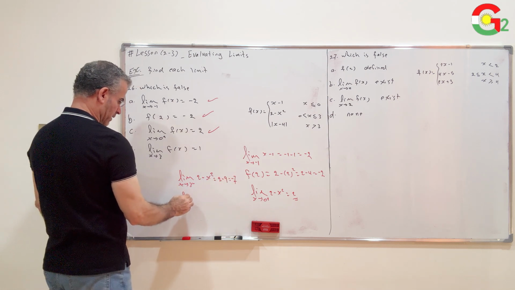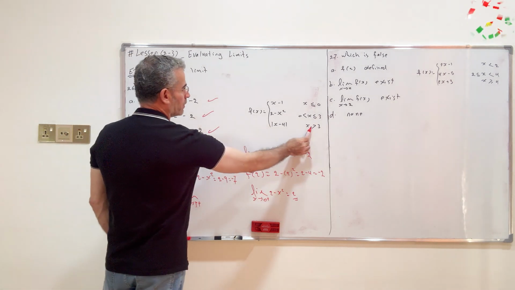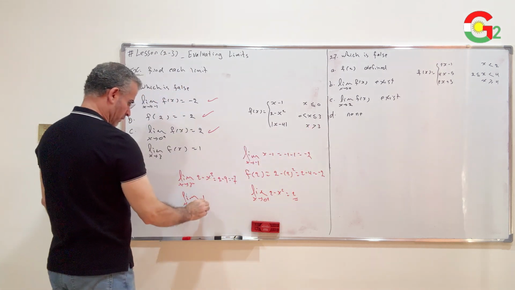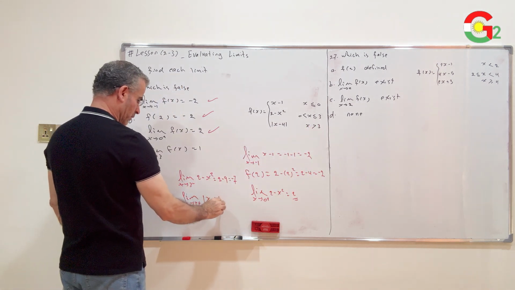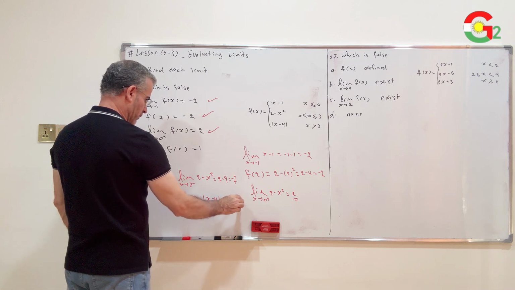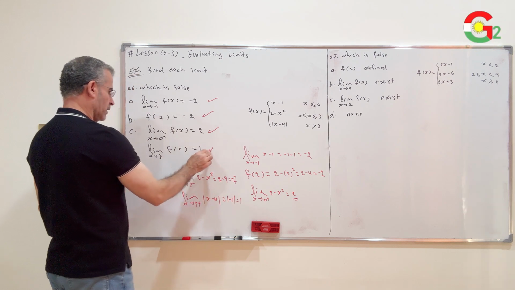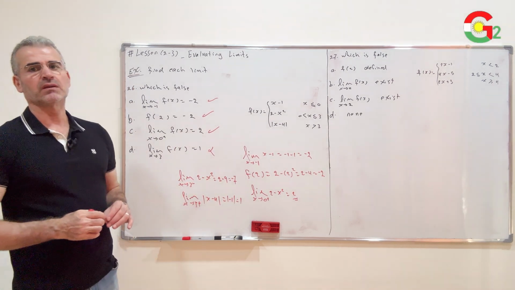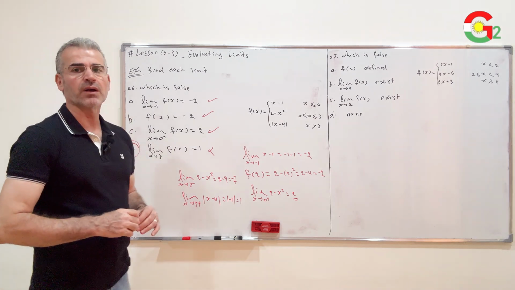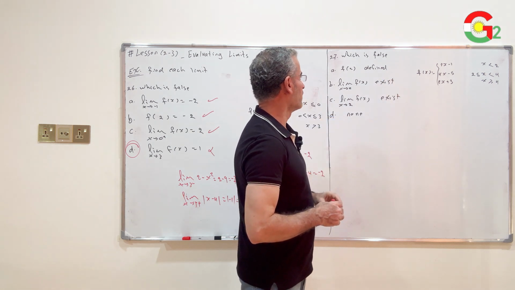But limit when x approaches 3 from right, then I substitute here when x greater than 3, absolute value of x minus 4 equals 3 minus 4, it is absolute value of negative 1, it is 1. Since the limit from the left is not equal to the right, this limit does not exist. Then the right choice is D, which is false for this function.